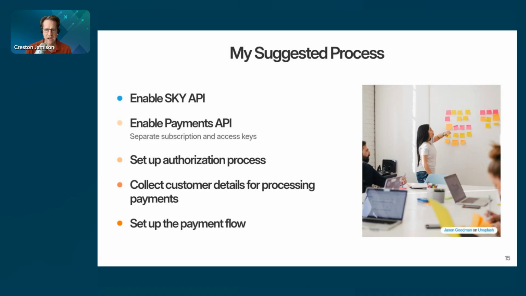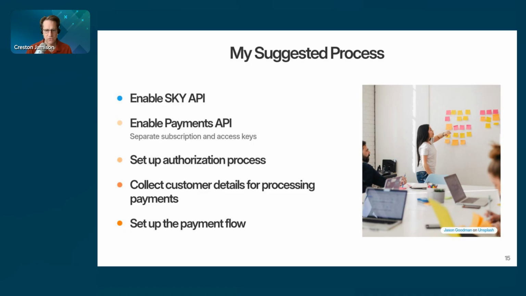Okay, so this is my suggested process. It takes some of what's listed in the Blackbaud documentation and just shifts the order slightly. But these are the 5 steps I would walk through. So first, make sure that you can already send Sky API calls, or just enable the Sky API. Next is to enable the Payments API.